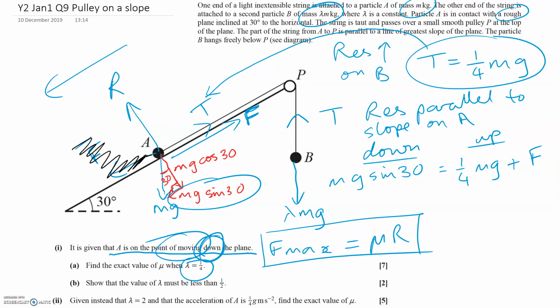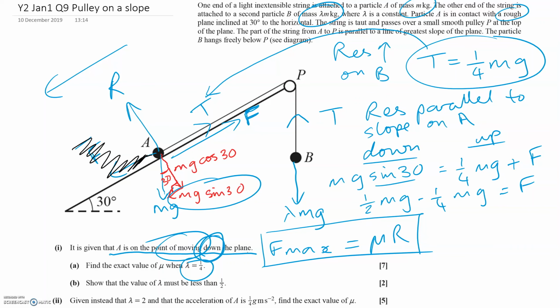So we could probably simplify this now. Sine 30 degrees is a half, so if we rearrange this, we'll have a half mg minus a quarter mg equals the friction.